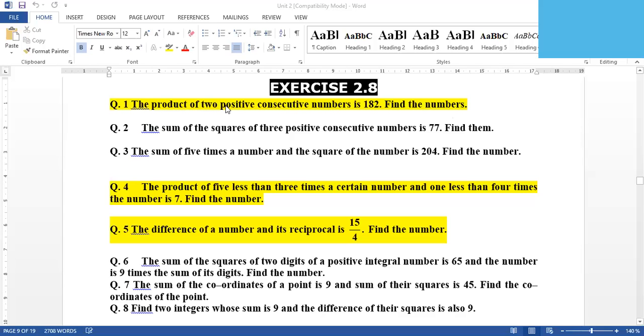Find the numbers. You people must have done these types of things before. Product of two consecutive numbers is 182. The meaning of the product, I want to explain to you, is that we will get these two numbers multiplied. This part of the question, product, stands for the multiplication of two numbers.